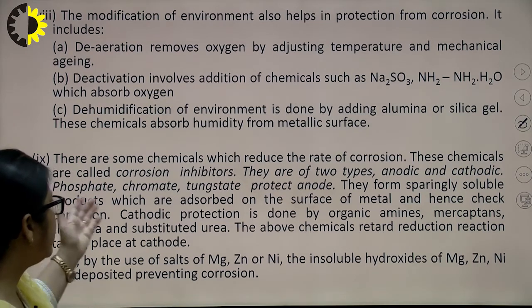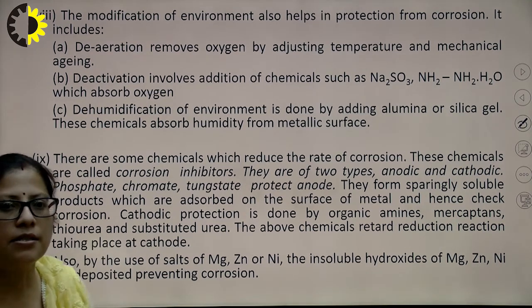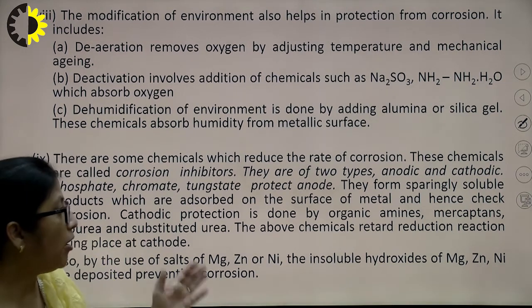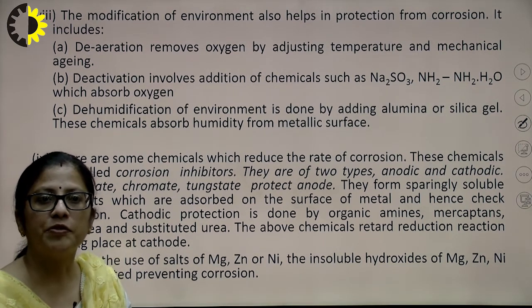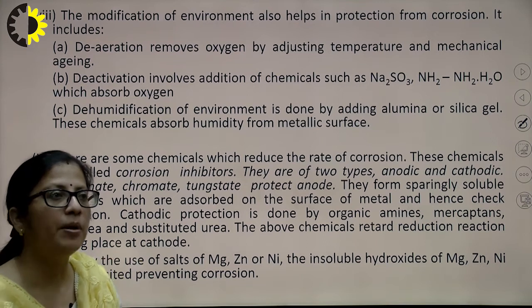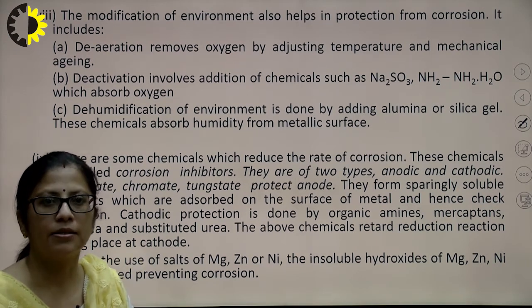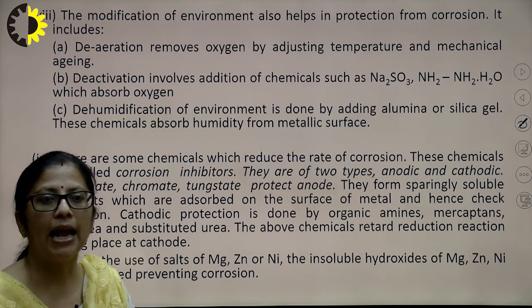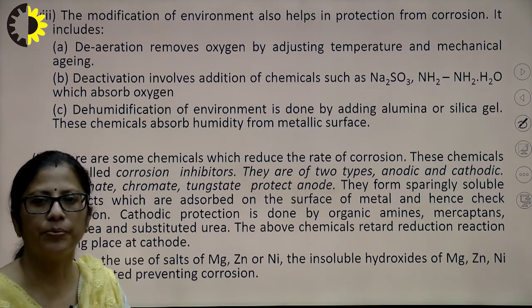For example, phosphates, chromates and tungstates protect the anode. These phosphates or chromates form sparingly soluble products which get adsorbed on the surface of the metal, and hence they are going to check corrosion.